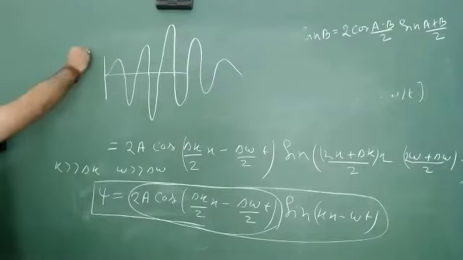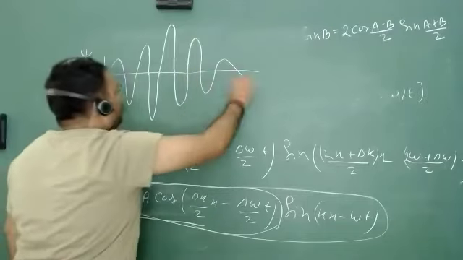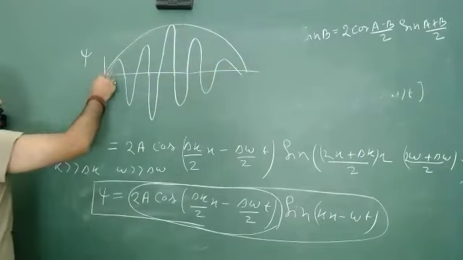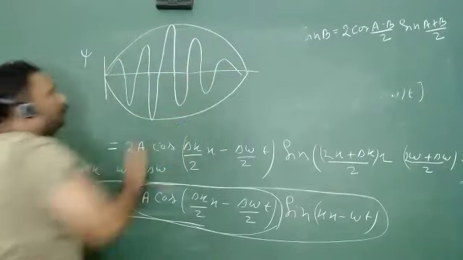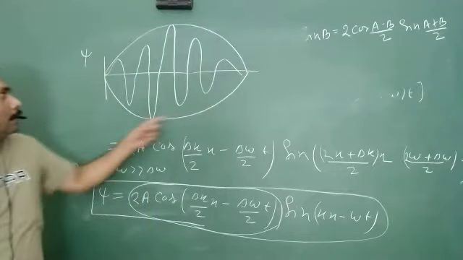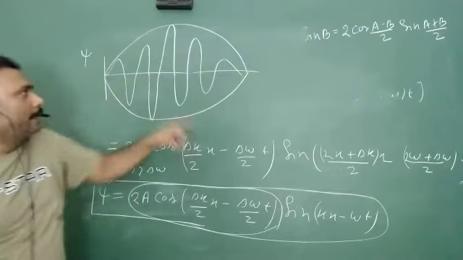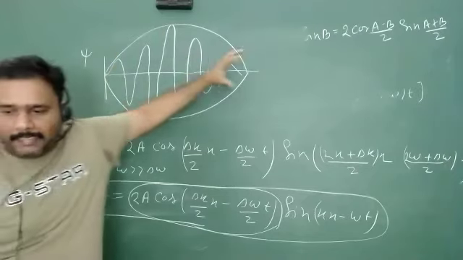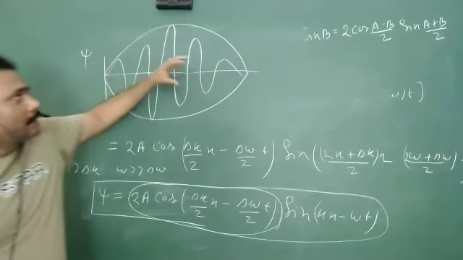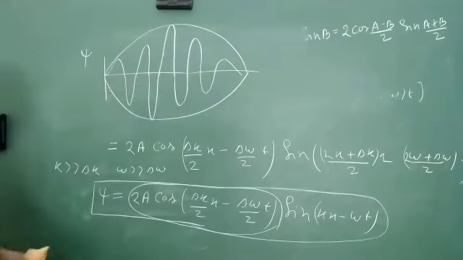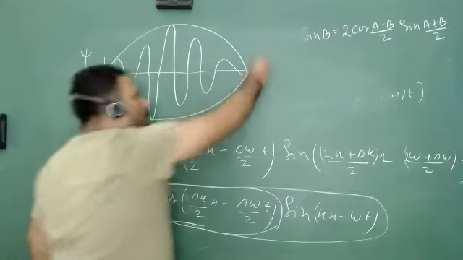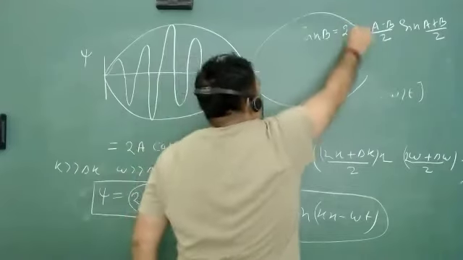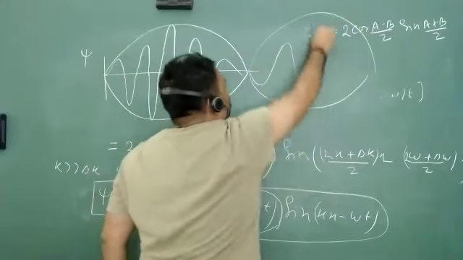This is the exact psi versus x, and this is the variation of amplitude. The amplitude is going to vary, and if you take the amplitude mode, it is moving something like a wave packet. Again you will have the same kind of wave packet.